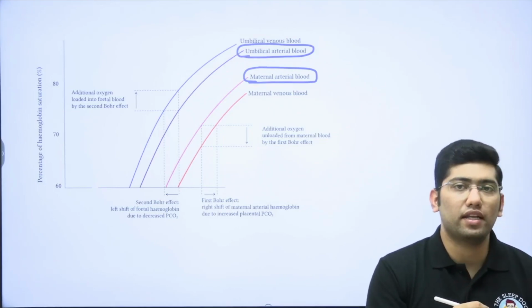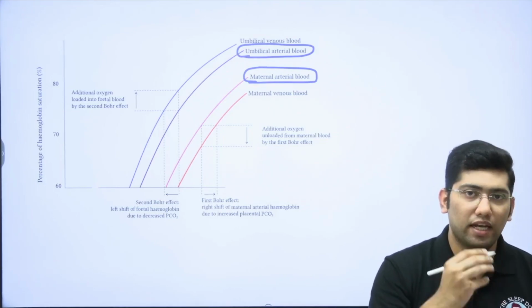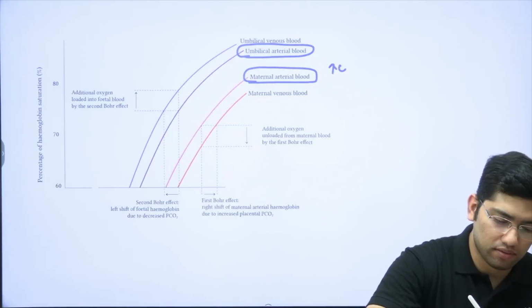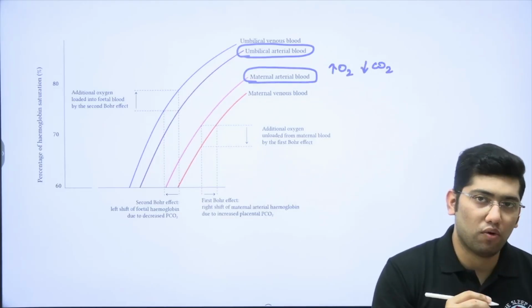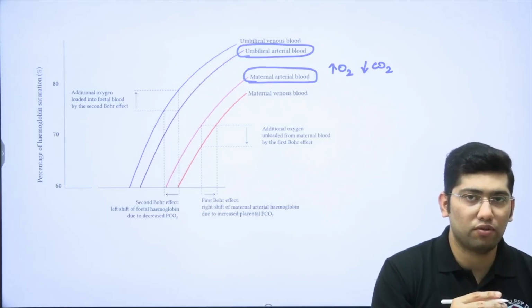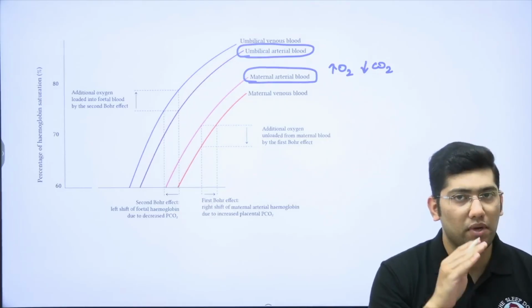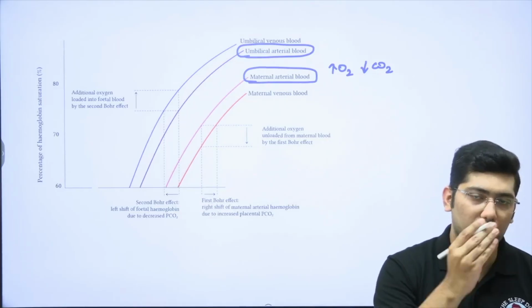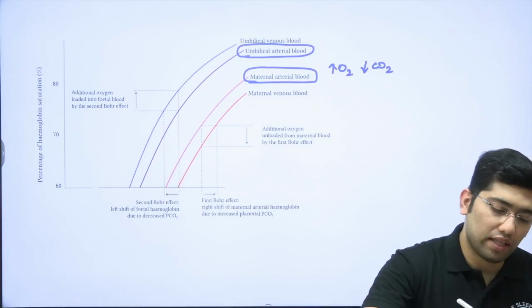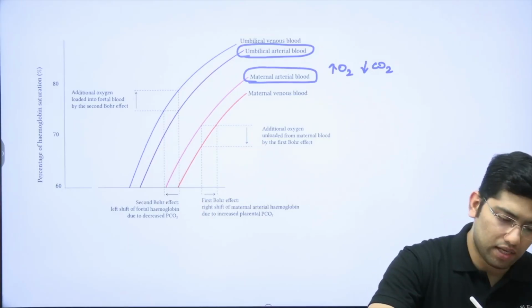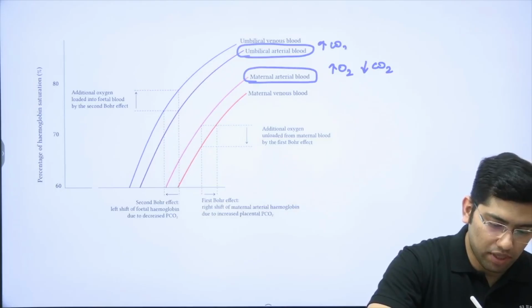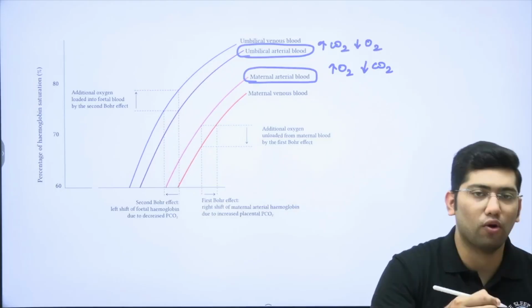Now, maternal arterial blood, when it comes to the placenta, is rich in oxygen and low in carbon dioxide. So what does the Bohr effect do? The Bohr effect affects the oxygen, but what affects the oxygen? The carbon dioxide. Okay. In the umbilical arterial blood, which comes from the fetus to the placenta, there is an increase in carbon dioxide and reduction in O2.